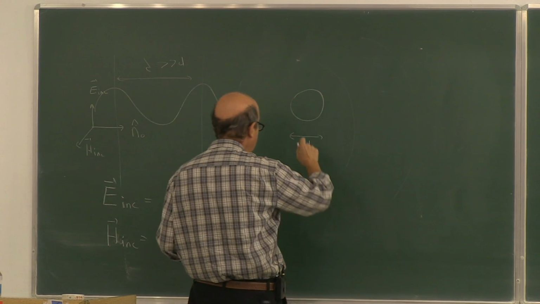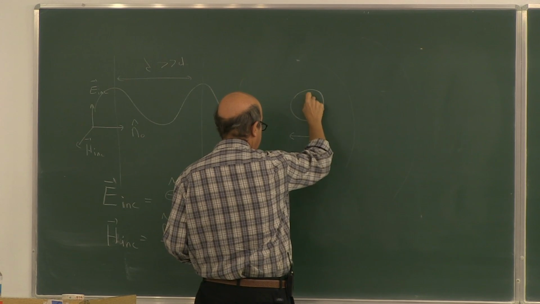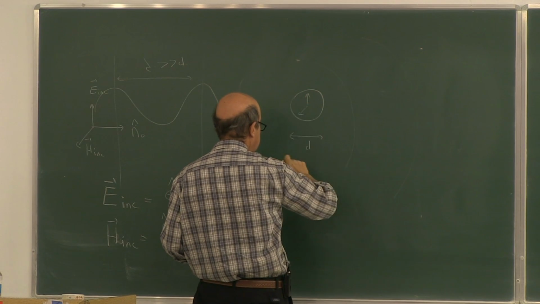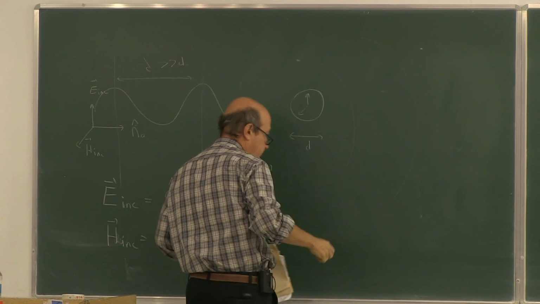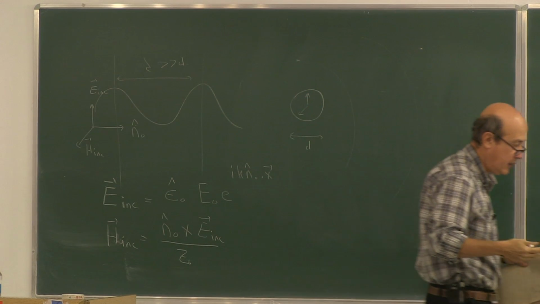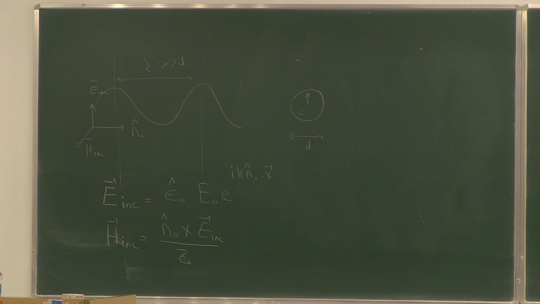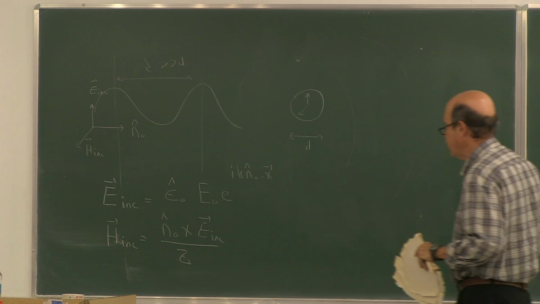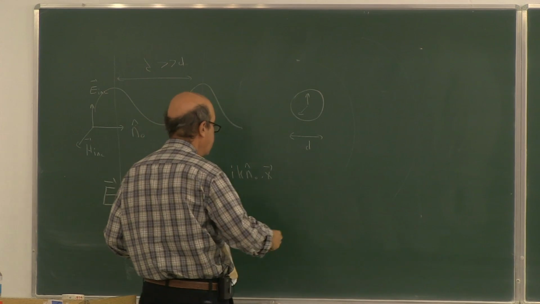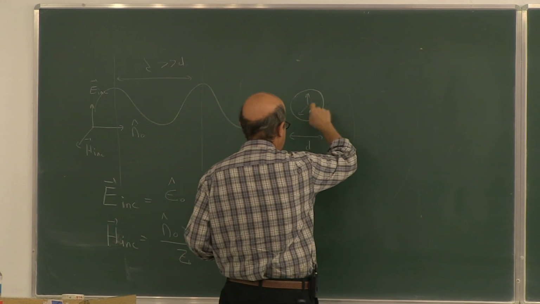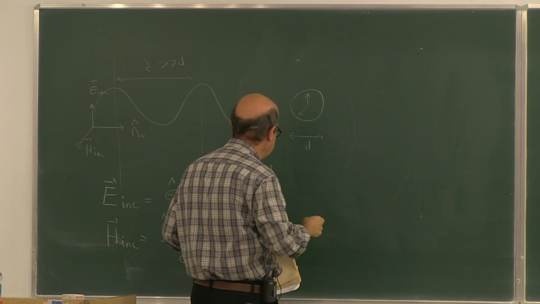So the components of the electric field and magnetic field induce an oscillating electric dipole moment and magnetic dipole moment. If you have some material which could have a dielectric constant and magnetic permeability, the E and H fields of the electromagnetic wave will induce oscillations, and they will magnetize and polarize the material.